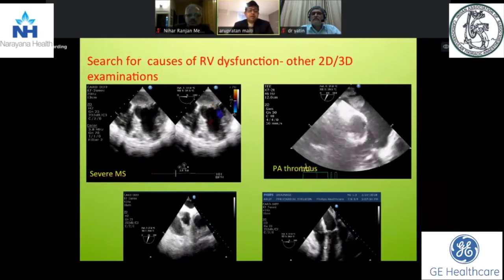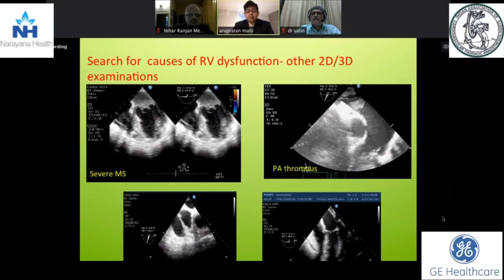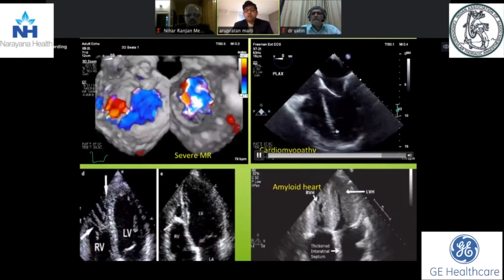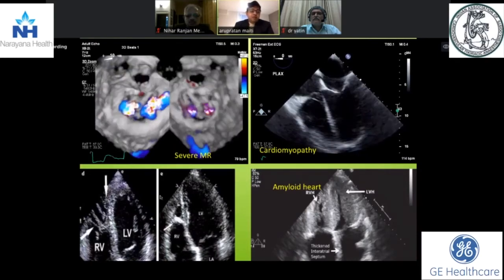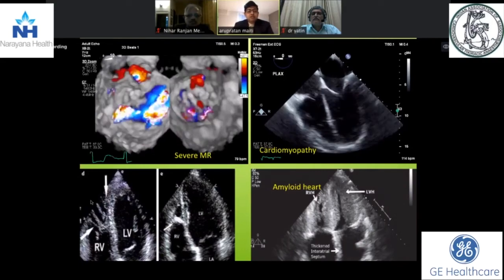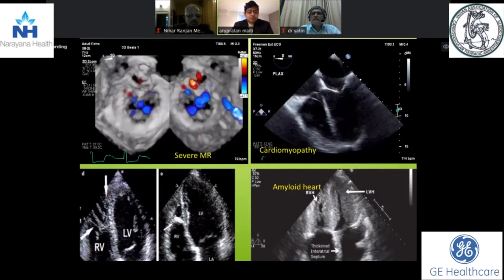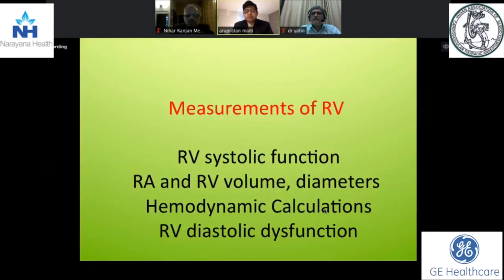There may be pericardial collection collapsing the RV, or you can see severe mitral regurgitation, any form of cardiomyopathy, and arrhythmogenic right ventricular cardiomyopathy. This is the transthoracic images where there is massive trabeculations, and the moderator band becomes very prominent, and also the amyloid heart where the septum becomes very thick.